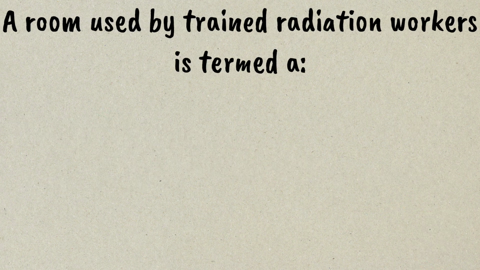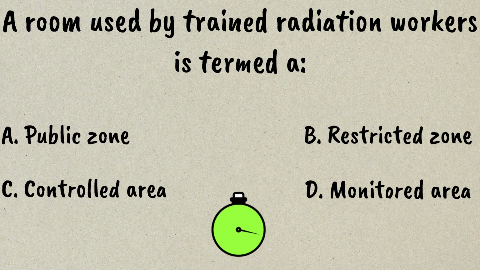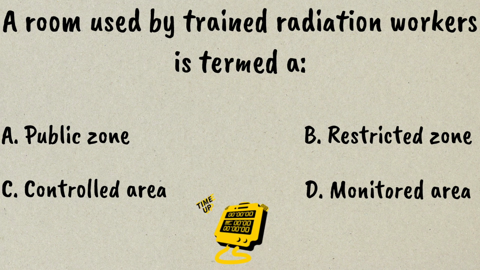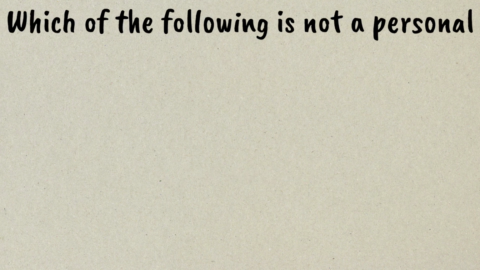A room used by trained radiation workers is termed a. Which of the following is not a personal dosimeter?